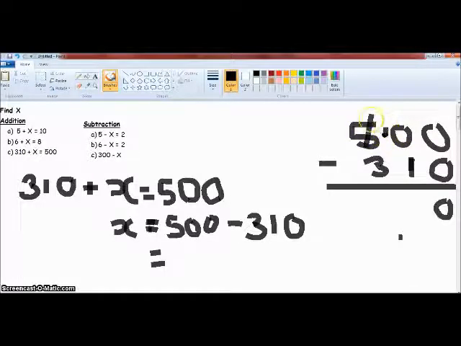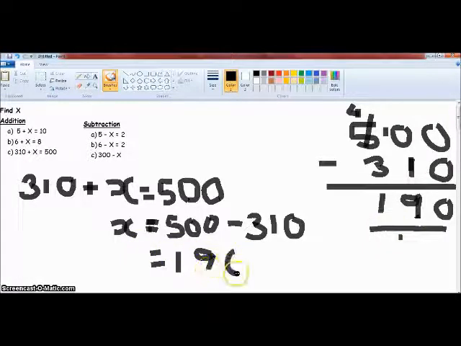So this will become 10, and this one will become 4. So 10 minus 1 is 9. 4 minus 3 is 1. So the answer is 190. So that means x is 190.